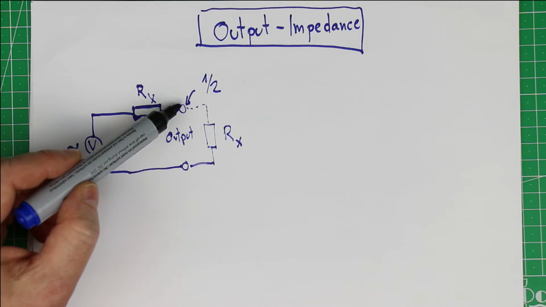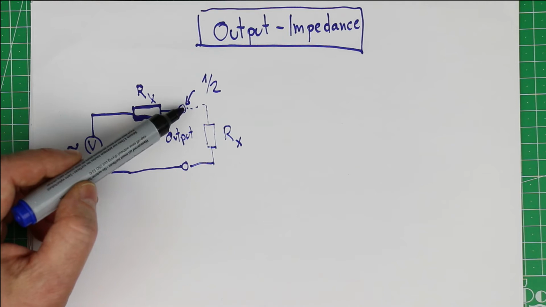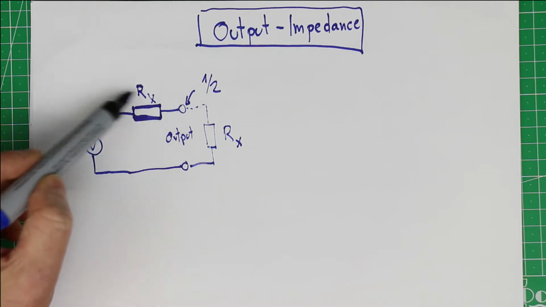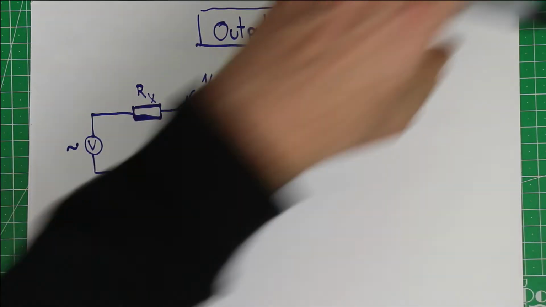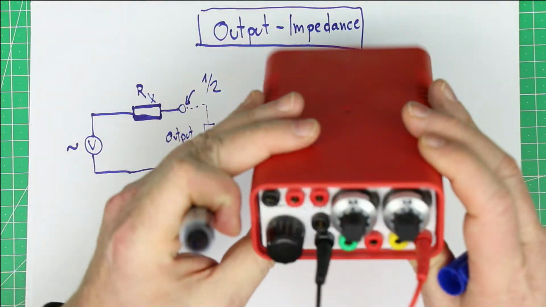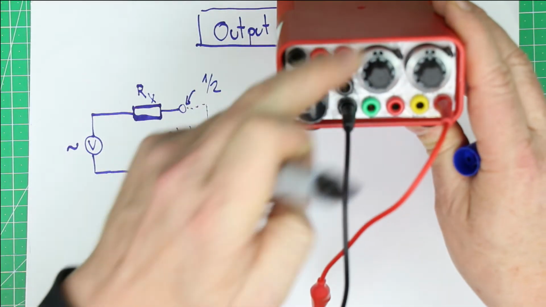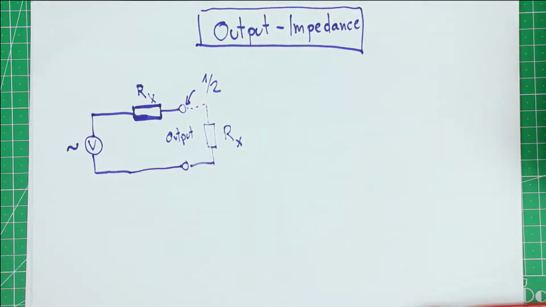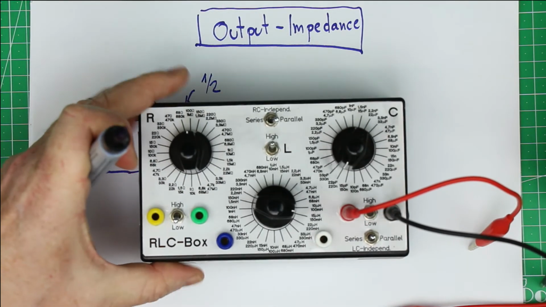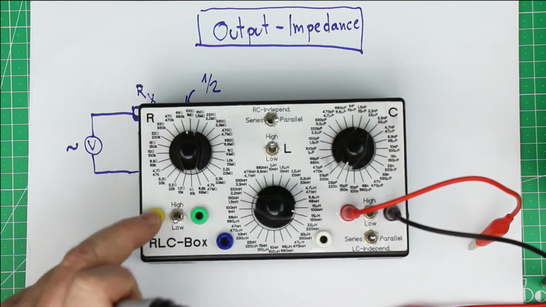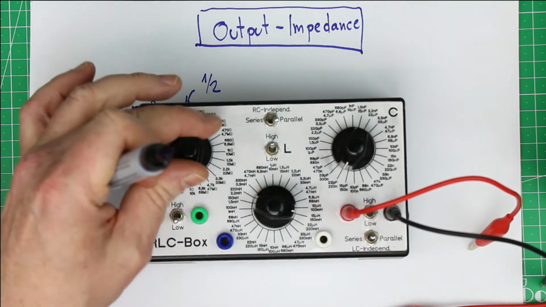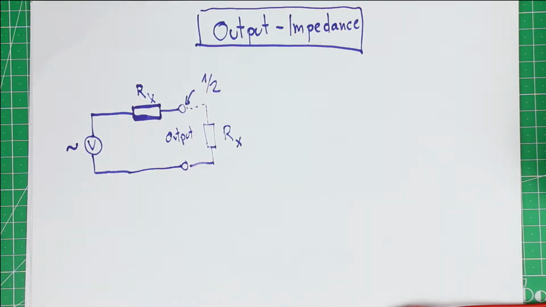So you just take an AC millivolt meter or an oscilloscope, and you first measure the signal amplitude without any load, and then you take a variable resistor like in this RLC-Box, or a steppable resistor like in the RLC-Box, which I've shown you already, where you just take the independent resistor output and you play around a little bit.